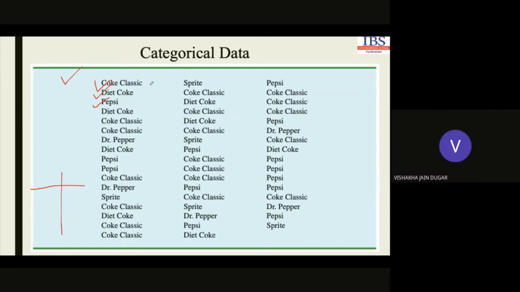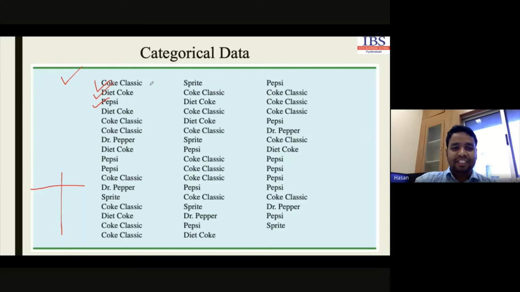Clear? If we consider Coke as a class, Diet Coke as another class, Pepsi as another class, there will be a corresponding frequency. If we have prepared this table, we can do anything using this data after that, right?